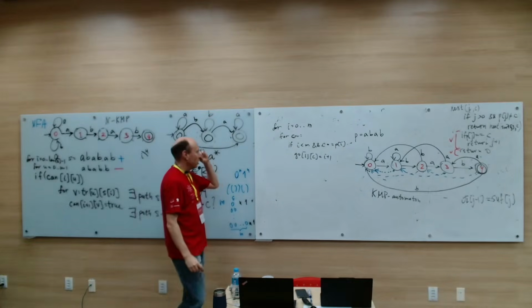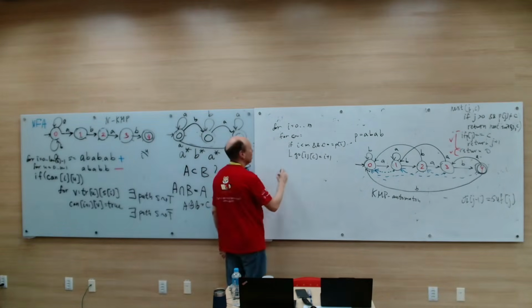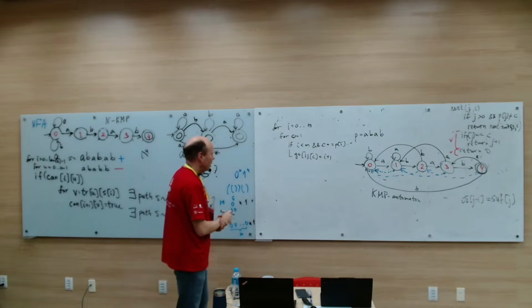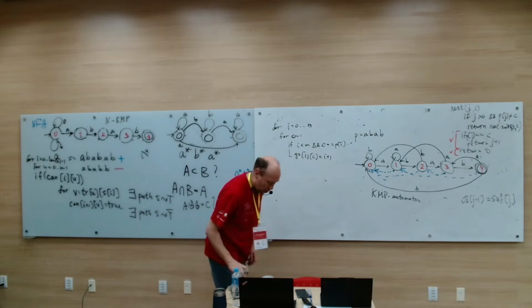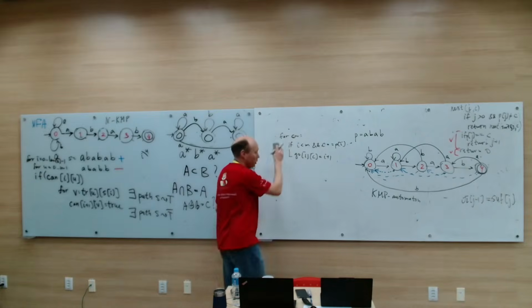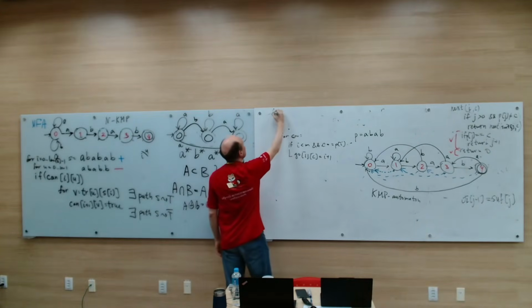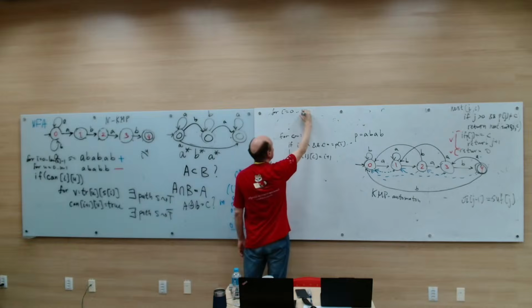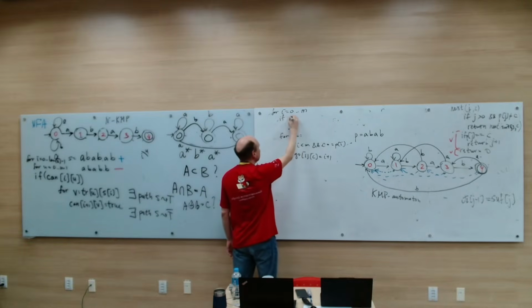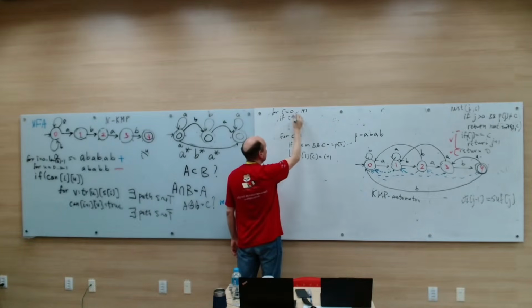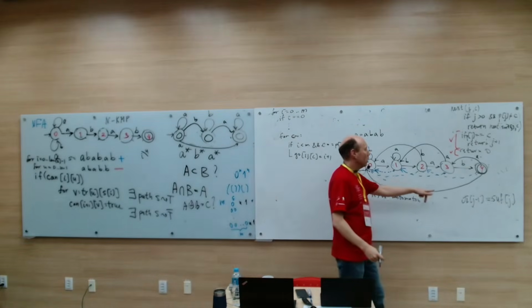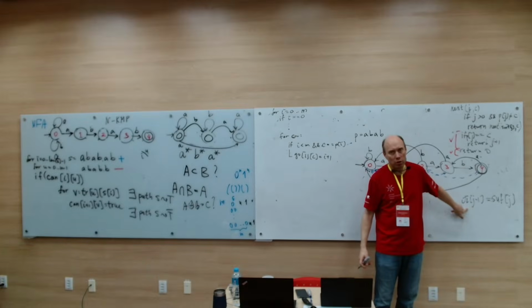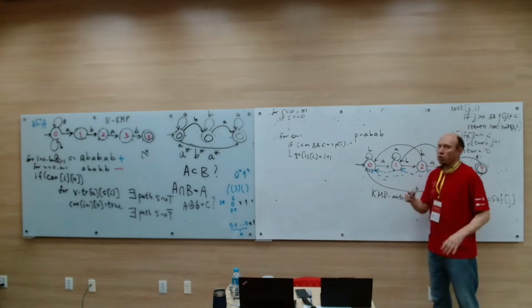Okay, next. But first, let's put the blue arrow, from 0 to m. If i is 0, there is no suffix link because it would correspond to pi minus 1, which does not exist. There is nowhere to go from 0.